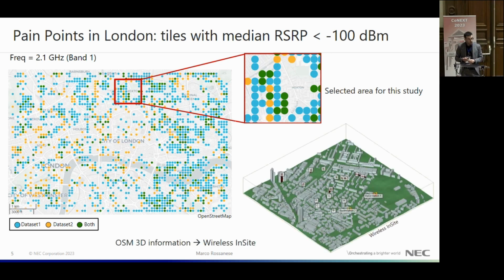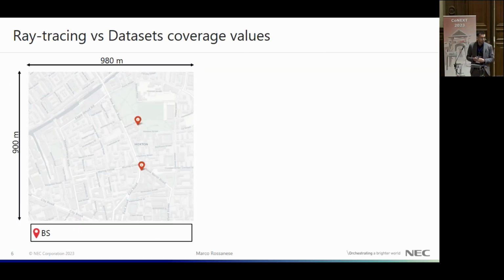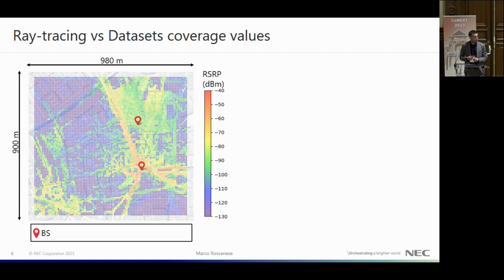So we imported this neighborhood from OpenStreetMap into Wireless InSite. We have a 3D representation, and then we deployed the base stations in the locations suggested by our partner. We ran the simulation with Wireless InSite to understand how the RSRP is distributed on the map.